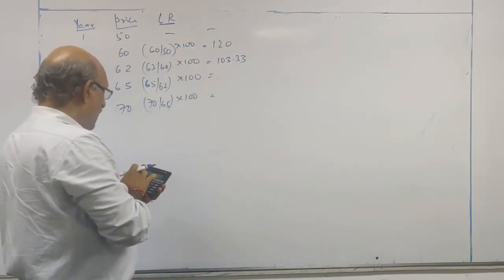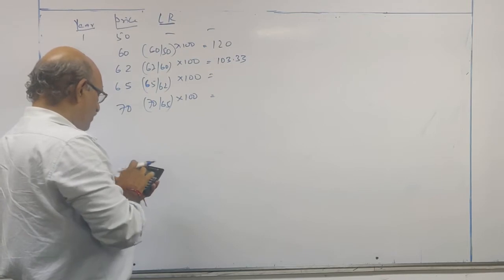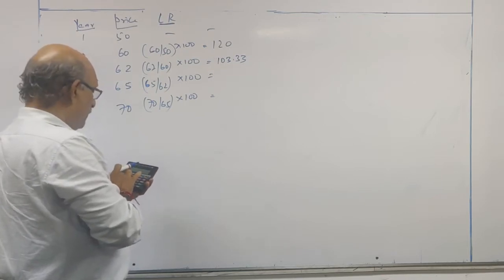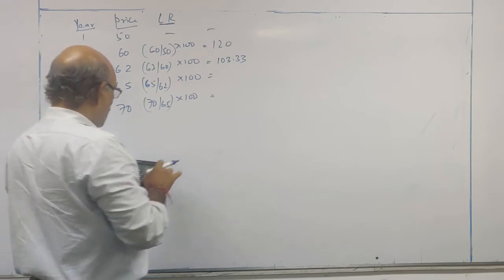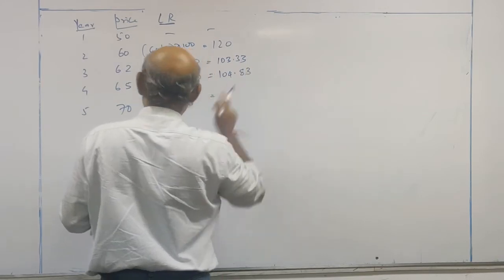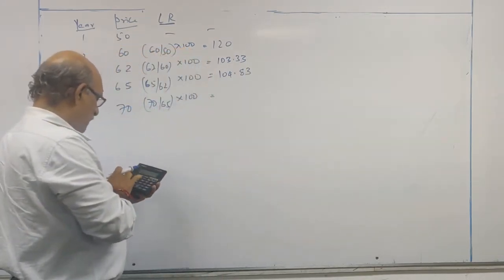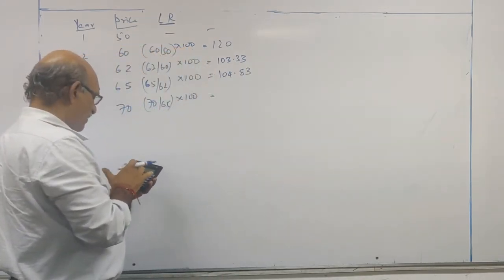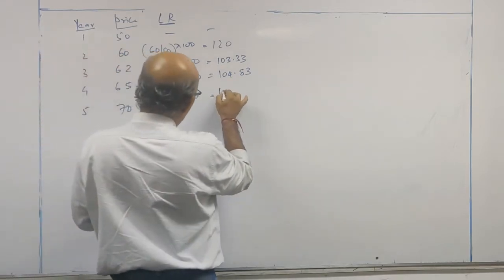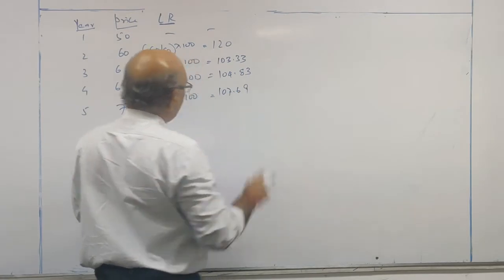Next, 65 divided by 62 into 100 is 104.83. 70 divided by 65 into 100 is 107.69.